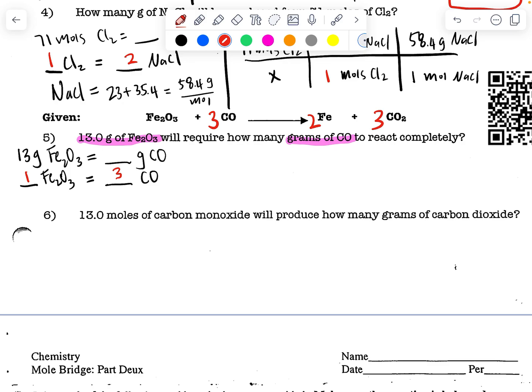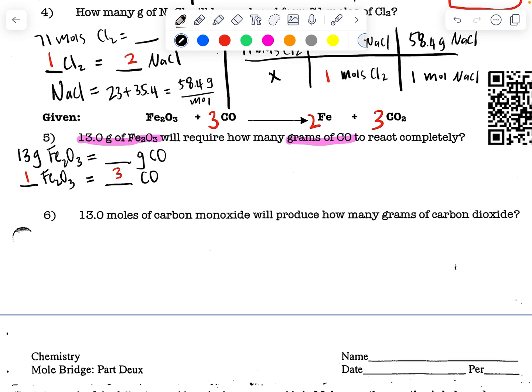Go back to how much Fe2O3 is given in our problem: 13 grams of Fe2O3. Does that mean moles of Fe2O3? No, it's not. So in order for us to use the mole bridge, you have to make sure that everything is converted to moles before using that mole bridge.